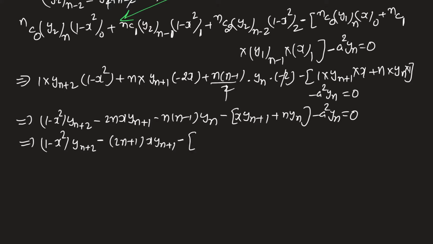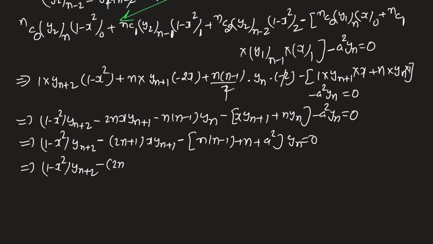Now, here minus is common. So n minus 1 as such, minus is common plus n, minus is common plus a square. So, this will be (n minus 1 plus n plus a square) y_n equal to 0. This implies that (1 minus x square) y_{n+2} minus (2n plus 1) x y_{n+1} minus (n square minus n plus a square) y_n equal to 0.